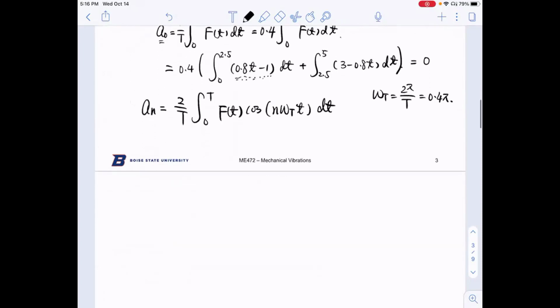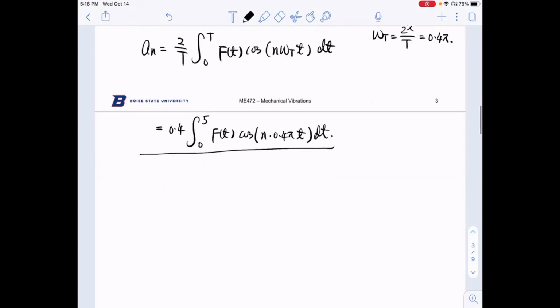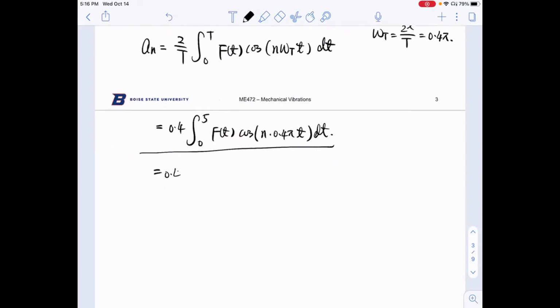And then eventually your An is 0.4 times 0 to 5 seconds f(t) cosine, n is an integer so you leave it there, and then omega is 0.4 pi t dt. So you have to calculate these integrals. And remember, your f(t) is a piecewise function. You have to write your integral in parts as well.